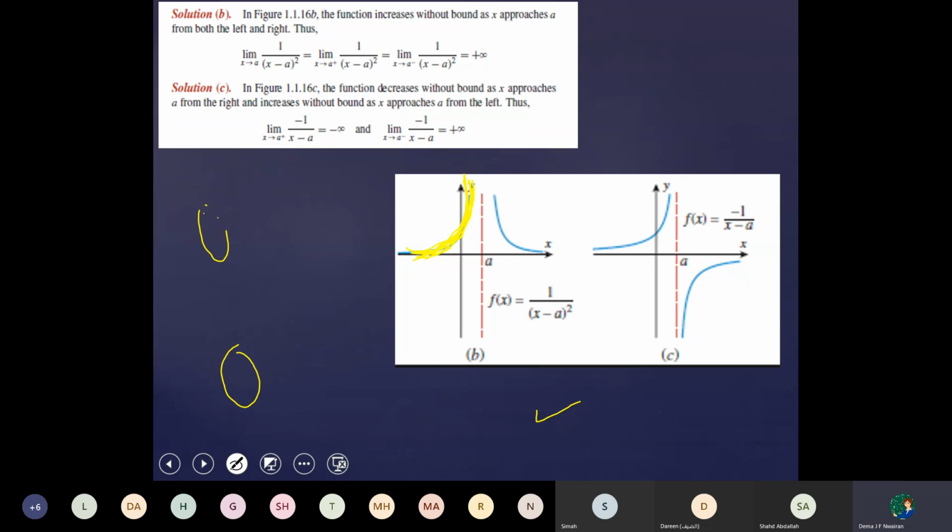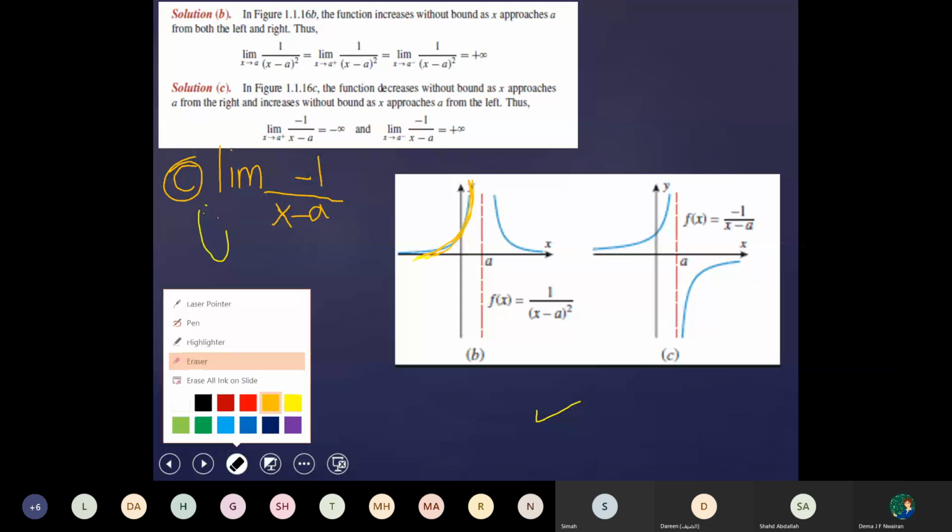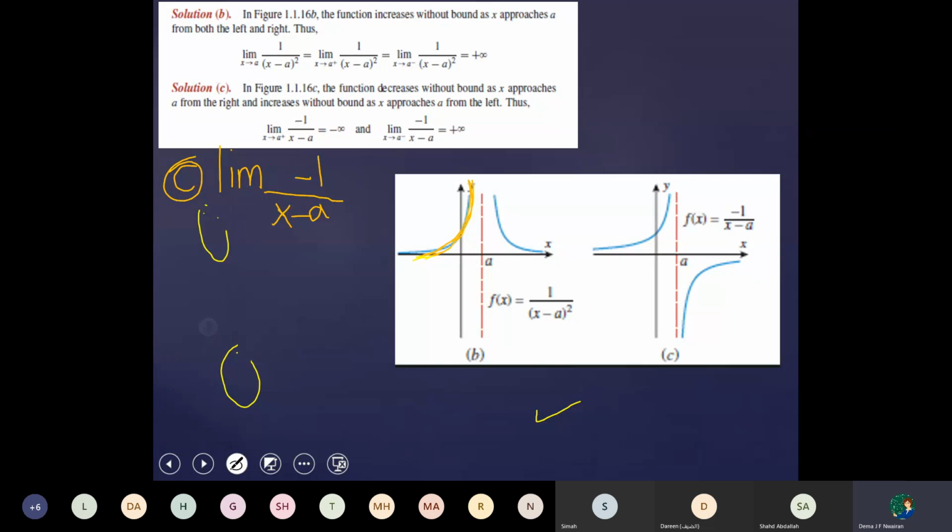Now, limit of negative 1 over x minus a when x approaches a from the right.